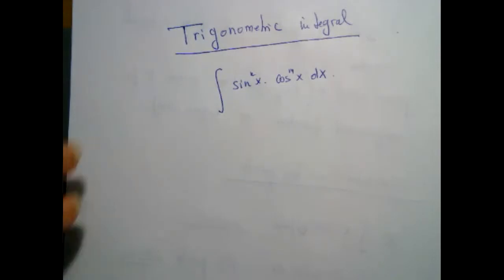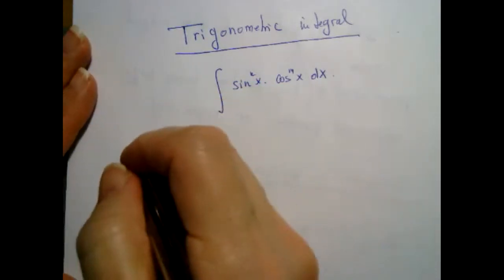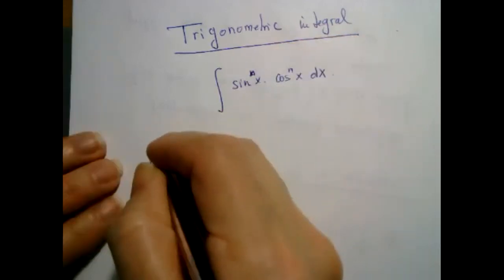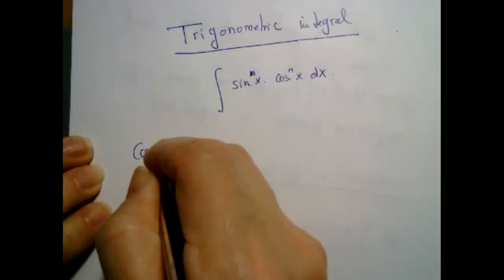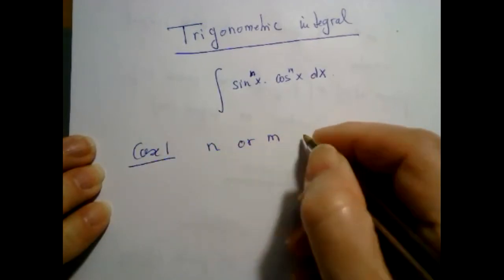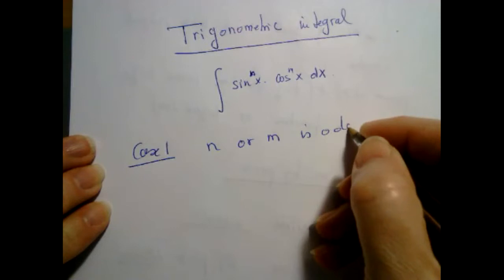This is the type of integral we are interested in. And how to integrate them is going to be split into two parts depending on the power. So the first part is case 1, n or m is odd. One of the powers is odd.